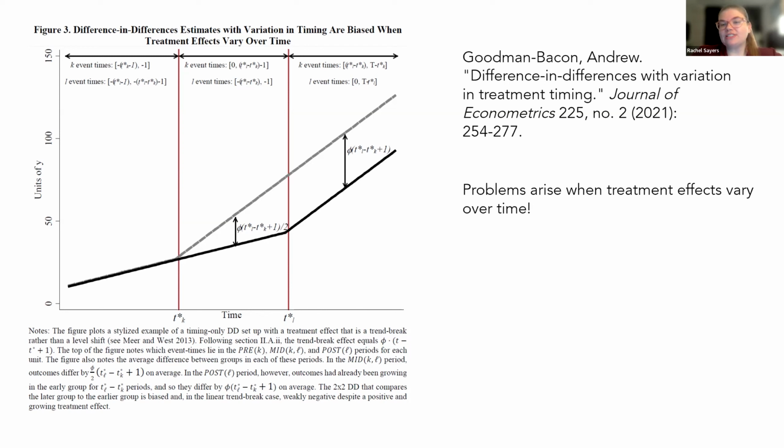So at the first time, we'll estimate one treatment effect, and then afterwards, we'll be comparing the jump of the later treated to the jump in the earlier treated, and it actually underestimates the treatment effect because the slope changed. As you can see, this estimate might get attenuated because of this problem. And this is because the treatment effects can vary over time.